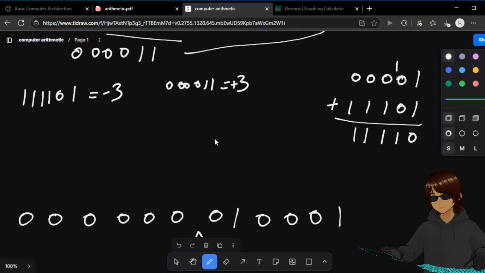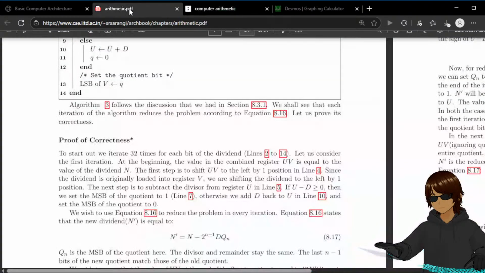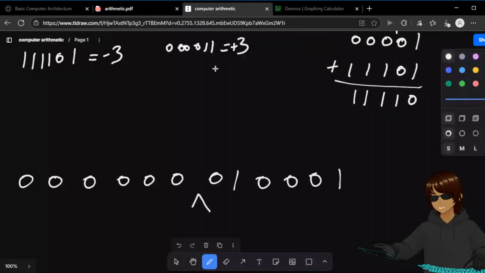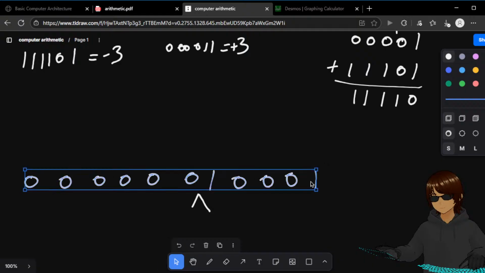So the first step is to shift it by 1. Shift the entire thing by 1. Okay, so this gets deleted. Then we shift the entire thing by 1.